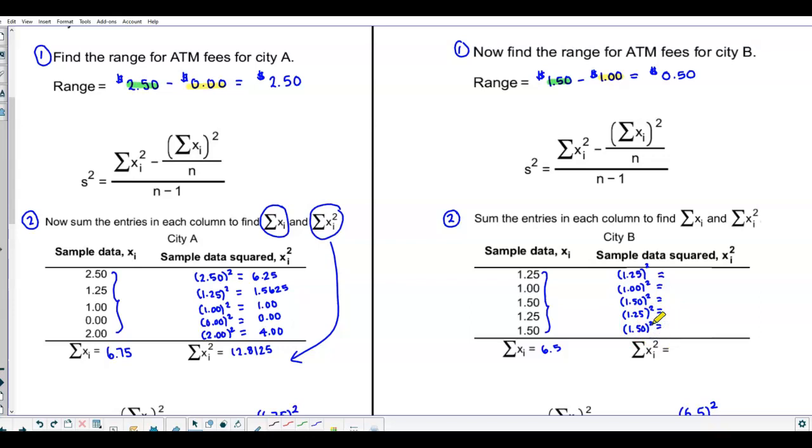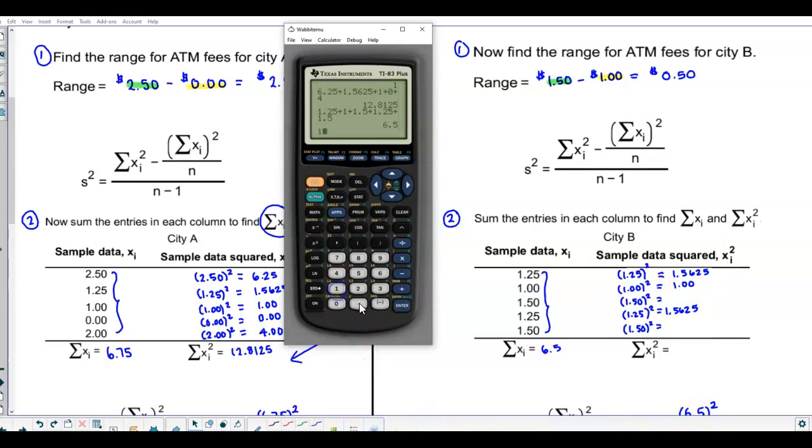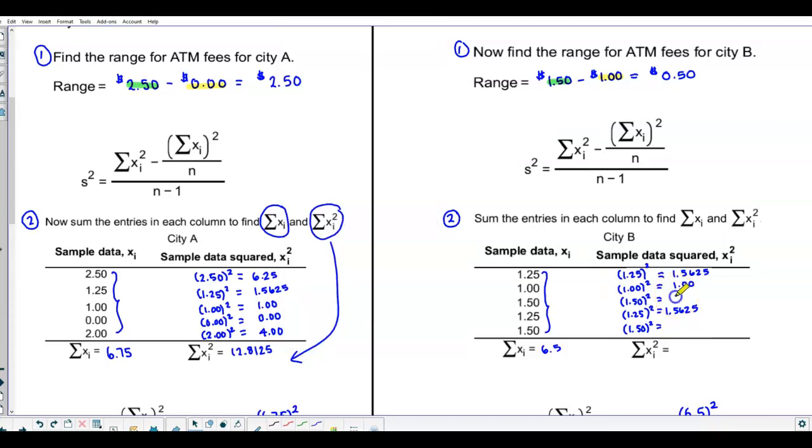Well, since we already squared 1.25 over here, we already know that that answer is going to give us 1.5625. And we also have it here, 1.5625. We know that when you square 1, you're going to get 1. Okay, and then if we square 1.50, it's going to give us 2.25.